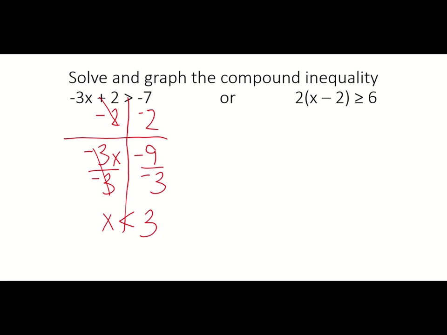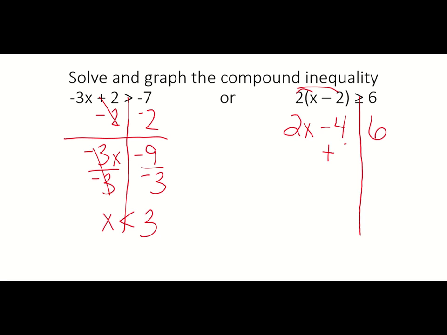The second inequality we're going to solve. First, we need to distribute the 2 to both x and -2. So this will be 2x - 4 ≥ 6.